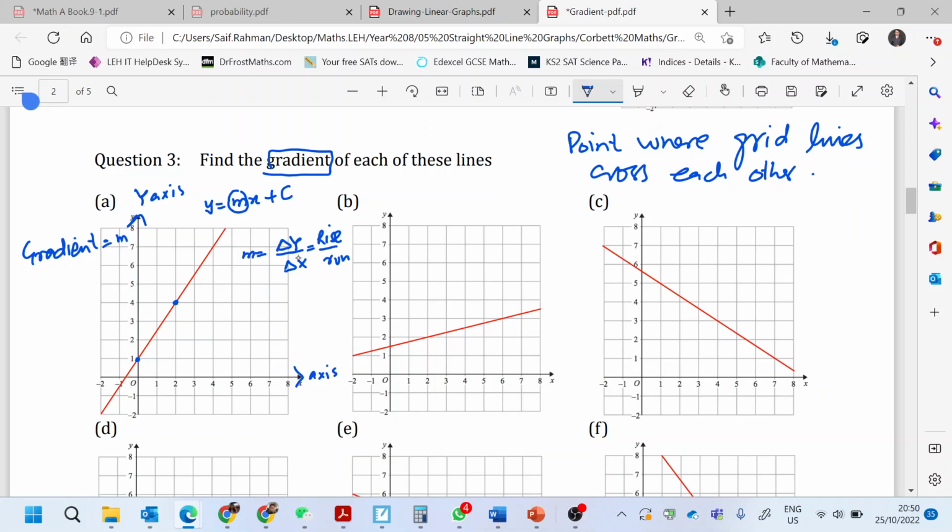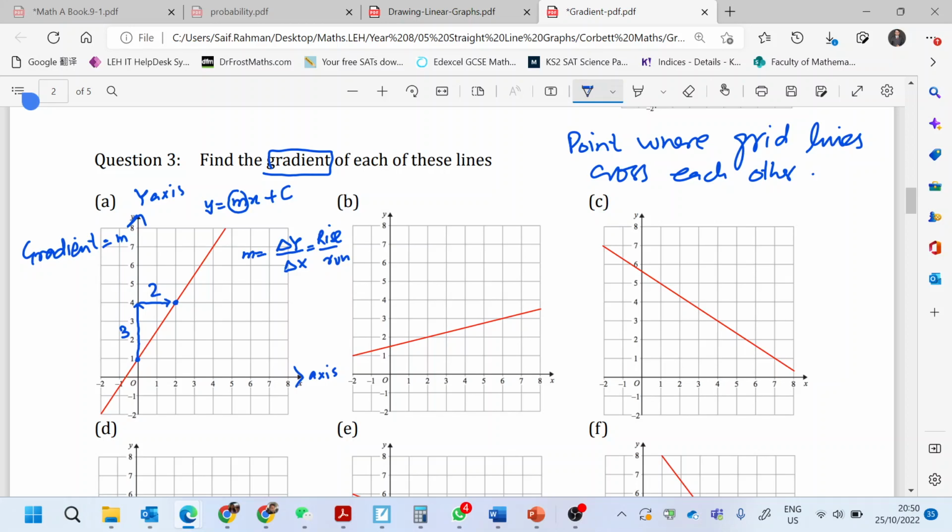Now you have to look at how much this line is rising on the y-axis, how much there is a change on the y-axis. So this is the change on the y-axis. We count the squares: 1, 2, 3. So 3 is the count on the y-axis, and then how many squares it is changing on the x-axis. 2 is the change on the x-axis.